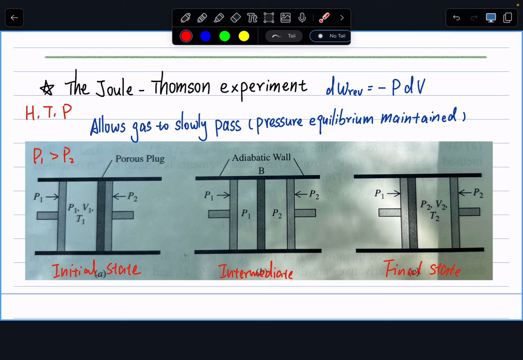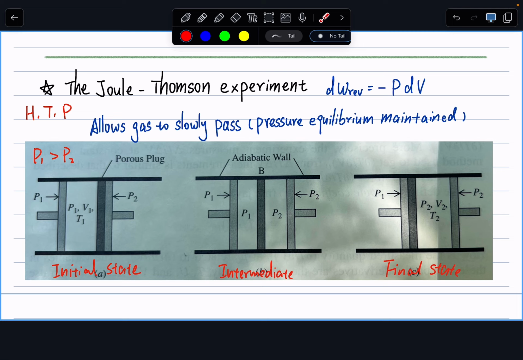Since P1 is a constant, we're just looking at the initial volume and final volume of my left chamber. So in the initial state, my left chamber has volume equal to V1, and in the final state, the volume on the left-hand side becomes 0. So this goes from V1 to 0, or we write it as negative P1 times (0 minus V1), and it becomes P1 V1.